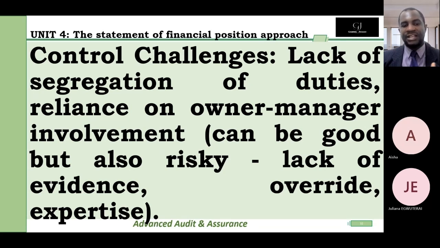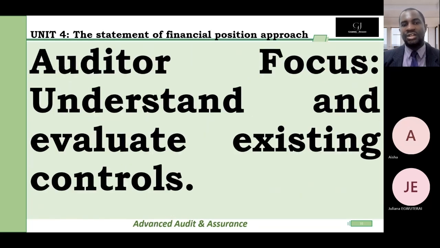You also have lack of evidence, management override, and expertise challenges. So the auditors should focus on understanding and evaluating existing controls for small businesses that this SFP approach speaks to. So the logic behind this approach is that it's straightforward.